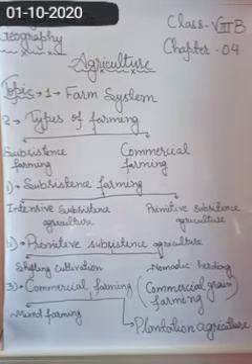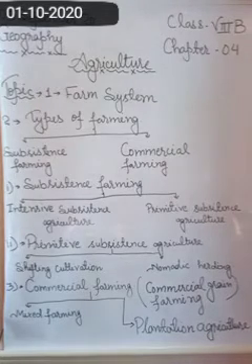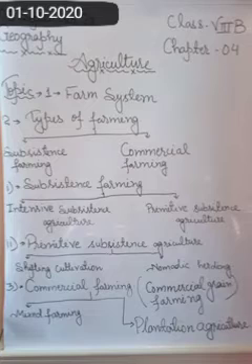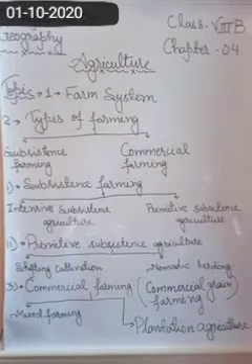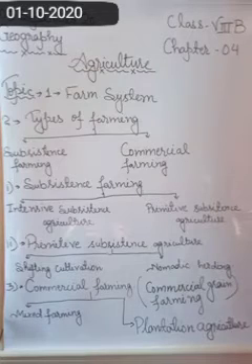So students, first of all, I will explain what subsistence farming is. Subsistence farming is a type of farming practiced by farmers to complete their needs and requirements and also to feed their family.